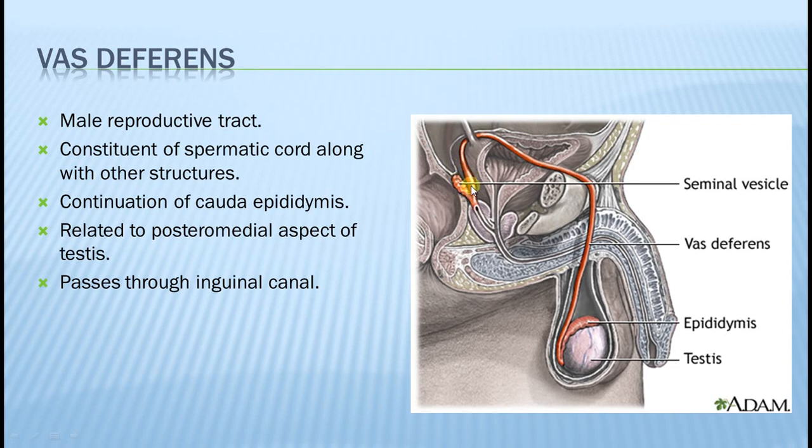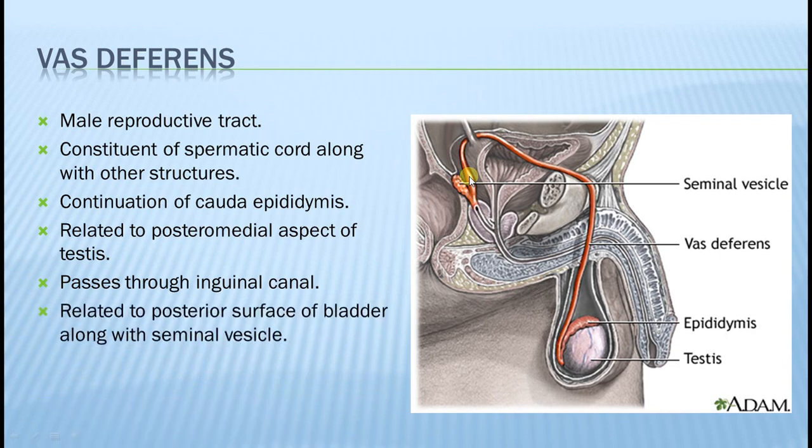Near its termination, it forms an expansion which is called the ampulla of vas deferens. It joins with the seminal vesicle forming the ejaculatory duct, which opens into the urethra inside the prostate.